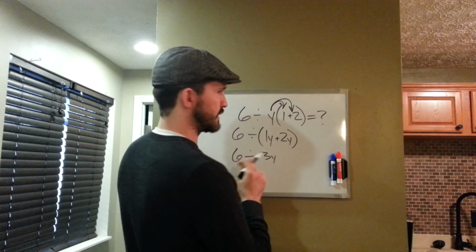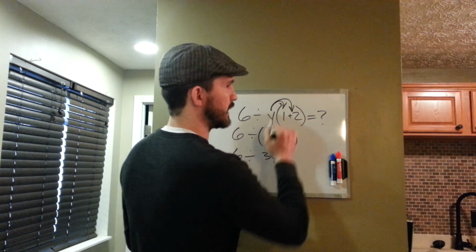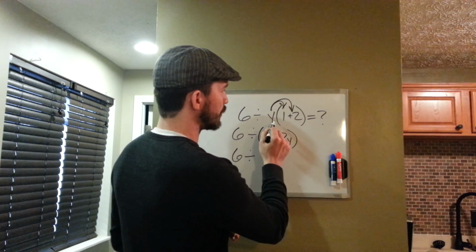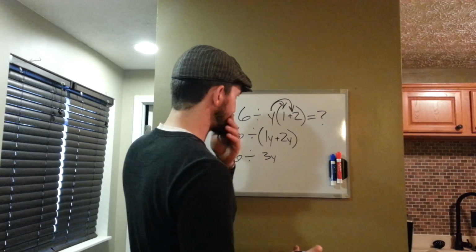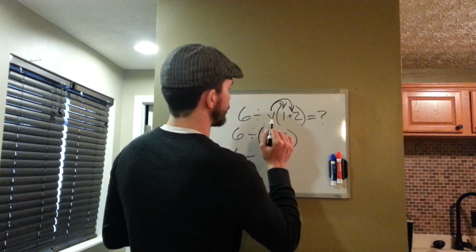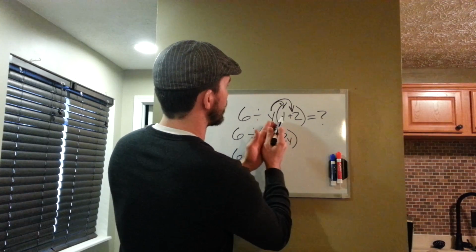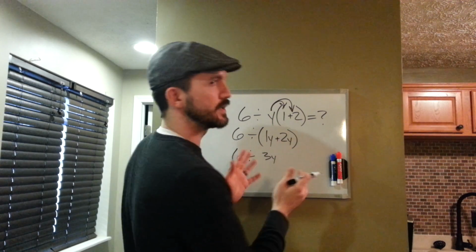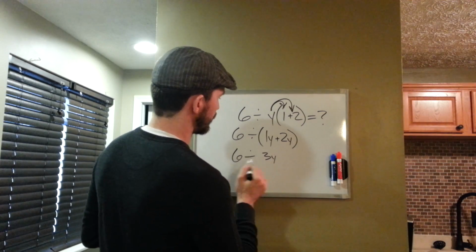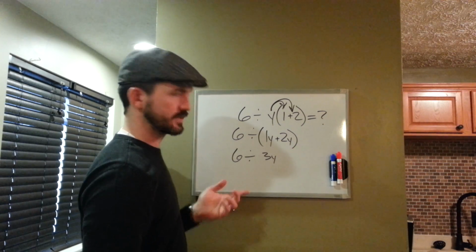This y is inexorably associated with what's in these parentheses. If there were a multiplication sign between the y and the parentheses, that would be a totally different story. But you can't separate the y from this 1 plus 2. They're just always associated. So you wind up with 6 divided by 3y.